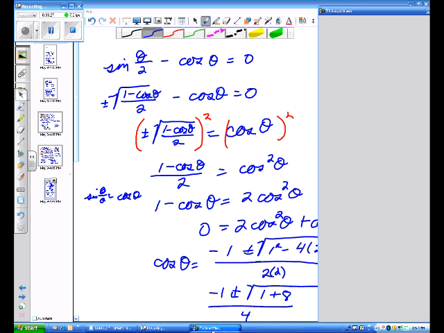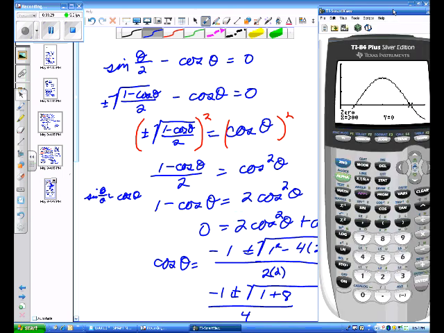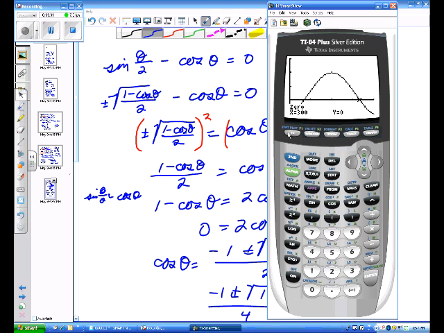And what we would do there is for y sub 1, we would put the left-hand side, the sine of theta over 2. So we're going to delete this part. And then for y sub 2, we would put the right-hand side, the cosine of theta. And we would graph these.